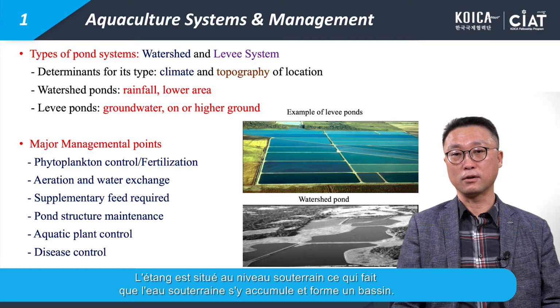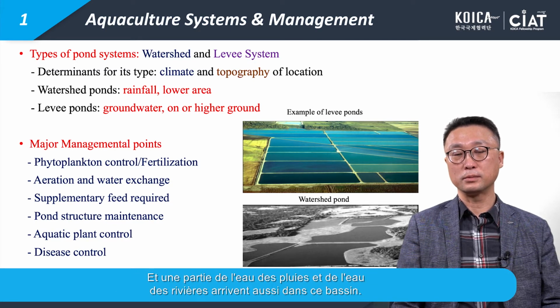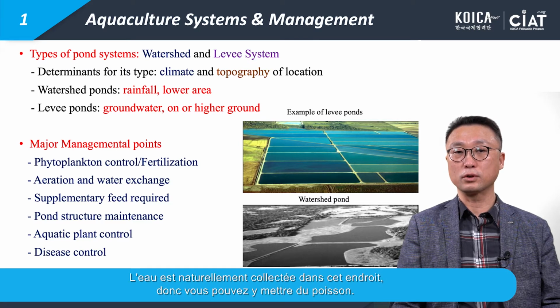So water from the ground will be collected to the lower point, which is the watershed pond, and also some of the water from rainfall and from rivers around can be directed to the watershed pond. So naturally, water will be collected in that lower point. That means you can put some fish in there.